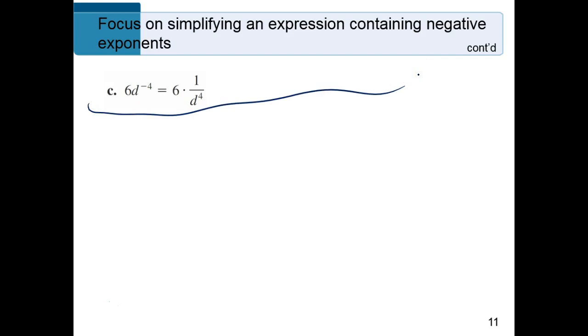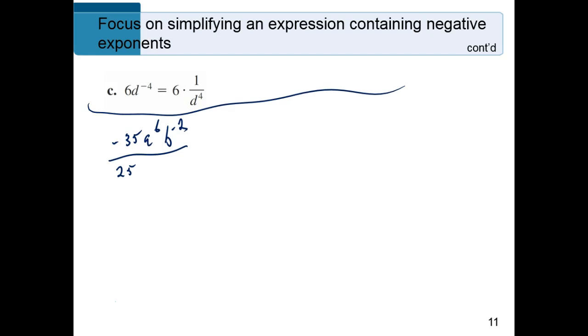Here's another one. Simplify this. Minus 35 a to the 6th, b to the minus 2, divided by 25. I'm sorry? I can't hear you.